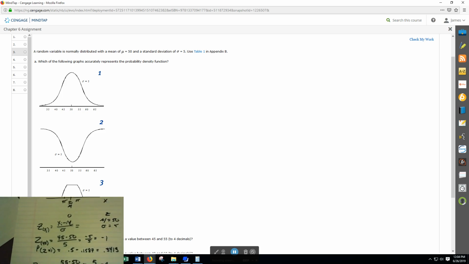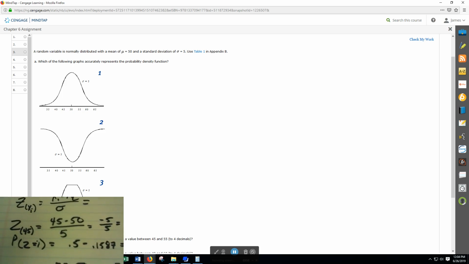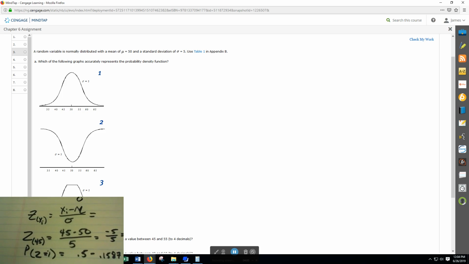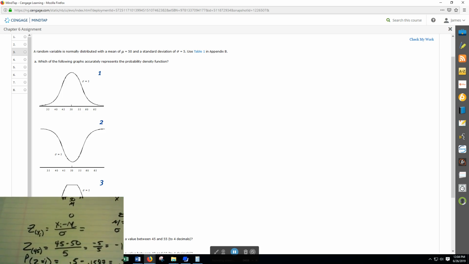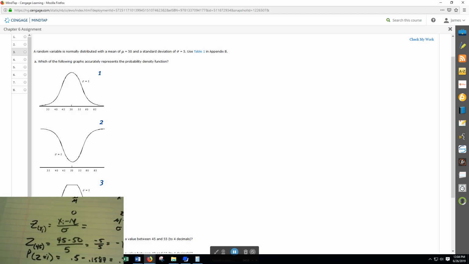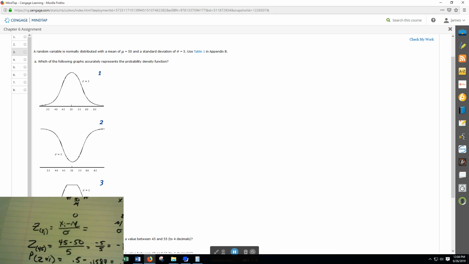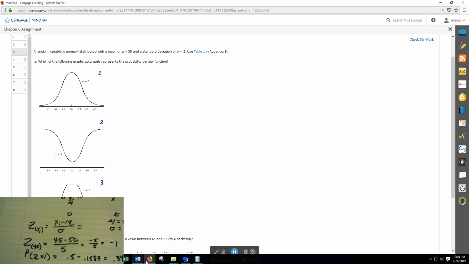So here we can stick values in. We'll start with z when x is equal to 45. As you can see here, we take 45, which is the x sub i, minus the mean, which is 50. And we divide that difference by the standard deviation, which is 5. So I have negative 5 over 5. That comes out to be a z of negative 1.